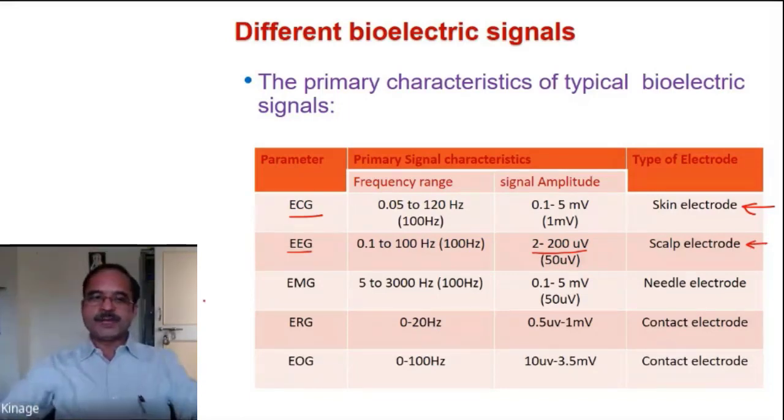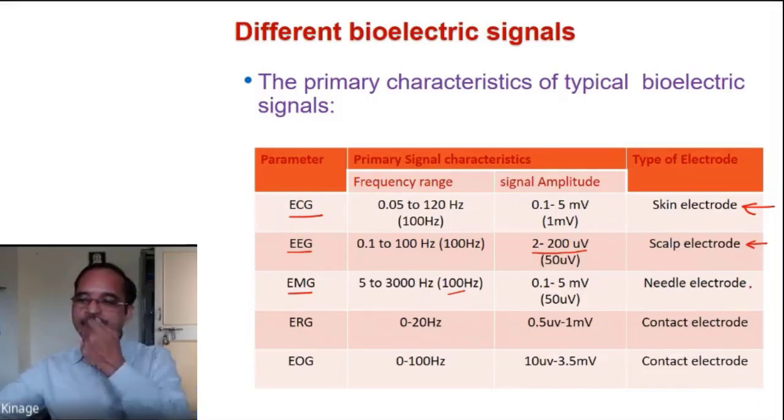Then EMG, electromyogram, related to the muscles. The frequency range here is somewhat higher, 5 to 3000 hertz, typical value 100 hertz, magnitude 0.1 to 5 millivolt. The electrodes used here are needle electrodes.